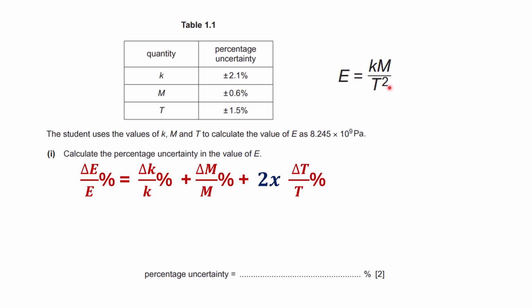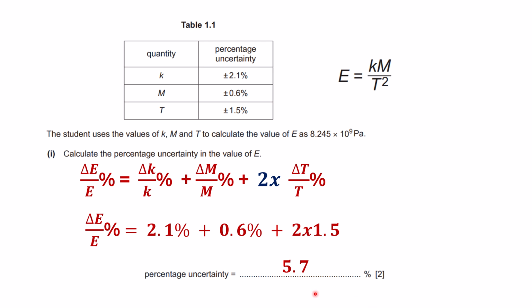If it was 3, then you'd multiply by 3. If it was 5, you'd multiply by 5. Got the idea? Then the rest is just substitution. For K is 2.1, right from the table, 0.6, and 2 times 1.5, and the final answer is 5.7%.